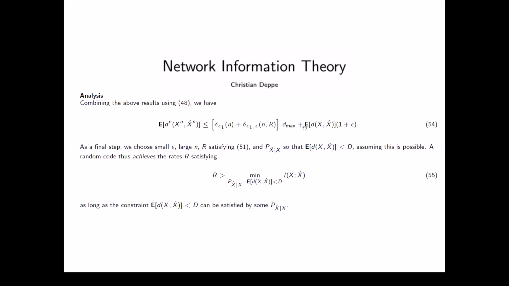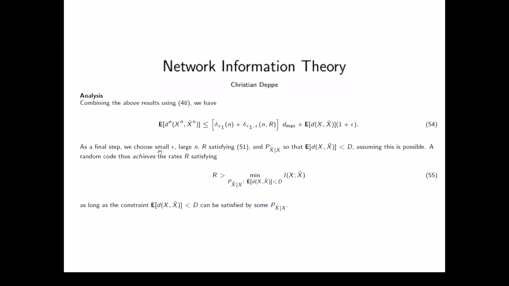Plus the other estimation, because we know that the probability of the complement of E goes to 1 if the other probability goes to 0. And this part we have just shown is equal to the expectation of the distortion measure of x and x hat times 1 plus epsilon.